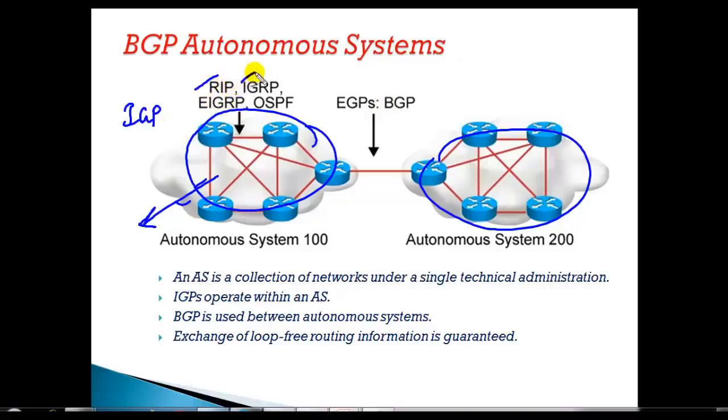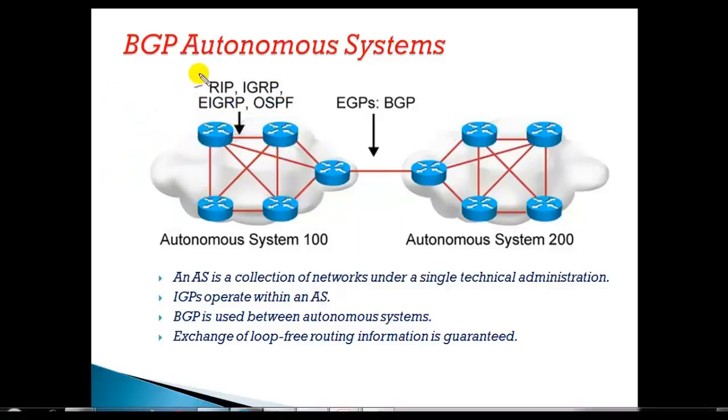So we have RIP version 2, IGRP no more used, EIGRP, OSPF, IS-IS, these are all IGP protocols. So the main difference is IGP protocols operate within the same autonomous system number. So if you want to communicate within the same organization or same autonomous system, then we use something called interior gateway protocols. We call them IGP protocols. So all these protocols listed here are typically your IGP protocols.